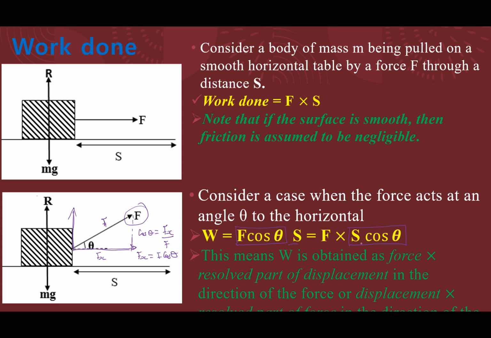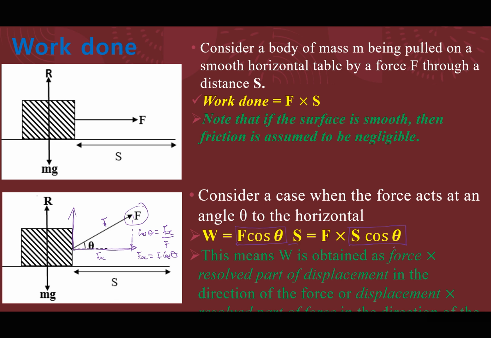It means we can either resolve F in the direction of S, or we resolve S in the direction of F, which is the same thing. So W can be obtained as force times the resolved part of the displacement in the direction of the force.